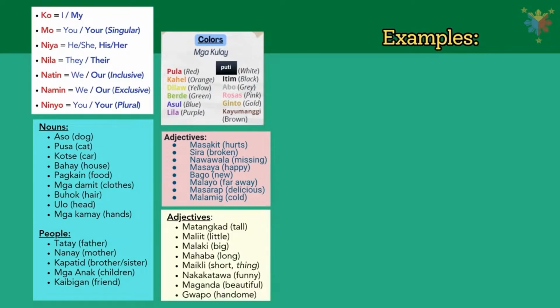And lastly, let's finish off with some more adjectives: matangkad, tall, maliit, little, malaki, big, mahaba, long, maikli, short, nakakatawa, funny, maganda, beautiful, guapo, handsome. All right, so that's a lot of vocabulary right there, which is great because then we can make a variety of sentences.